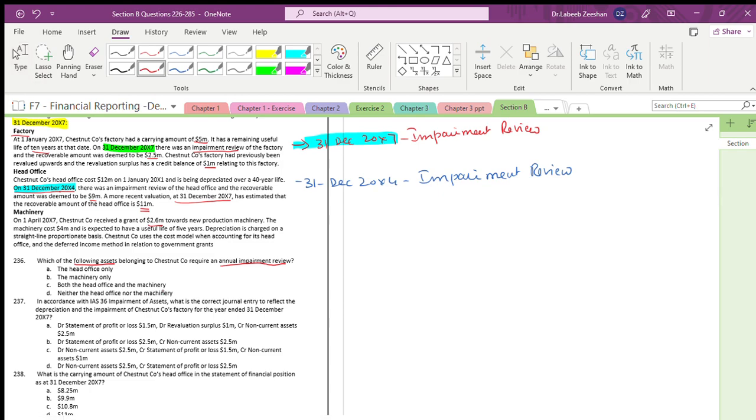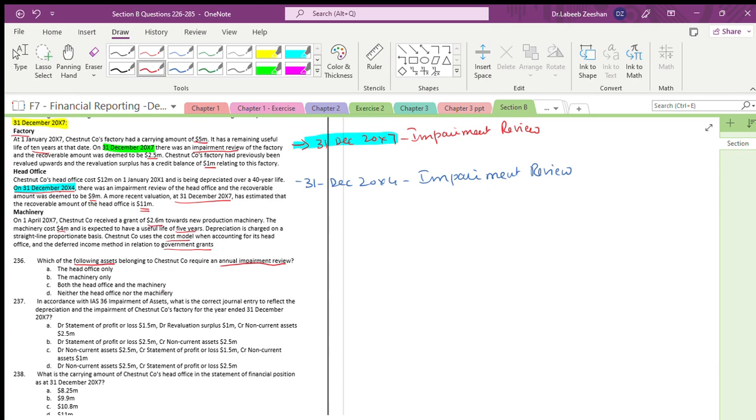What it says: a grant of 2.6 towards new production machinery costing 4 million, expected to have a 5-year life. Depreciation is charged on a straight line basis. They use the cost model for accounting for the head office and deferred income for the government grants.